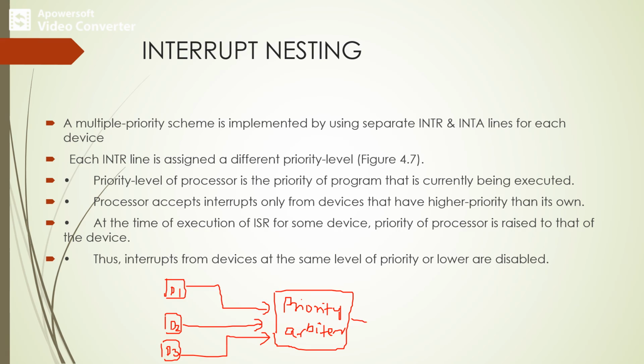The devices are connected to the priority arbiter. This will choose one INTR request and that request will be placed on the processor. Each INTR line is assigned a different priority level. Priority levels will be assigned with respect to the devices D1, D2, D3. The priority level of the processor is the priority of the program that is currently being executed.